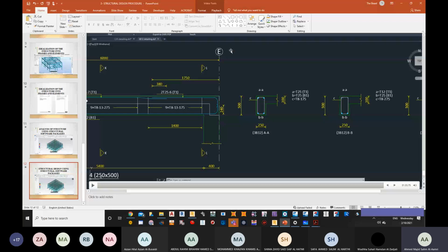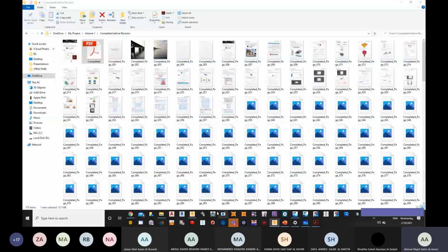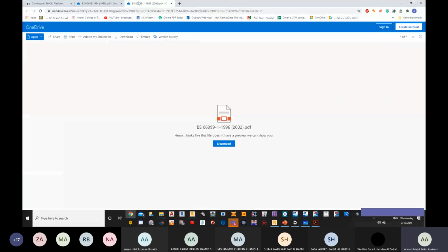Now, for certain elements where we don't have a lot of time to do the analysis, I would recommend you to use simple software like, for example, SkyCIV. Okay, it's very easy for the analysis.